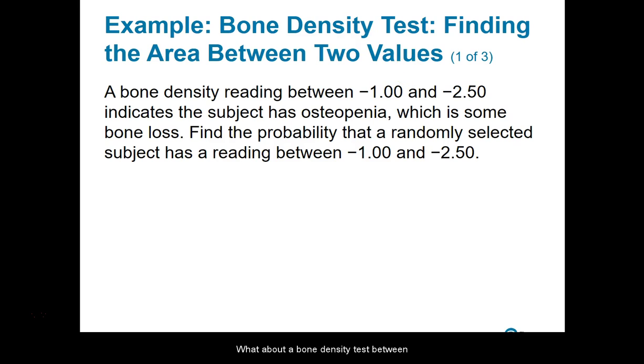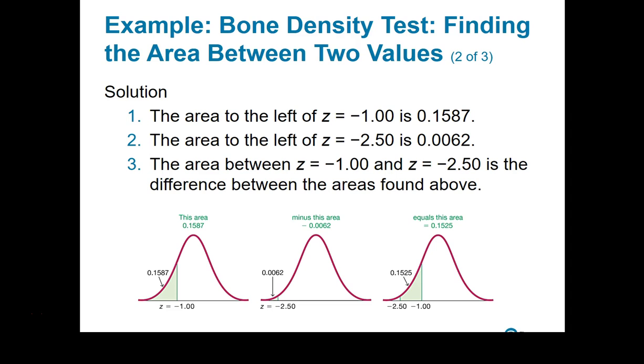All right, what about a bone density test between -1 and -2.5? All right, so now we're going to figure out the z-score to the left of -2.5, and to the left of -1, and subtract the two. Again, we could use the chart, the A2 chart, and we would get that.